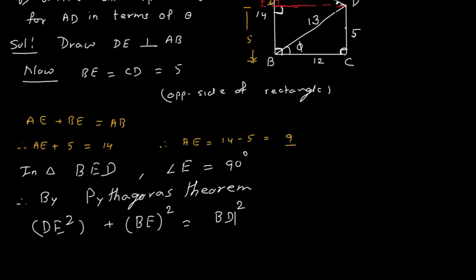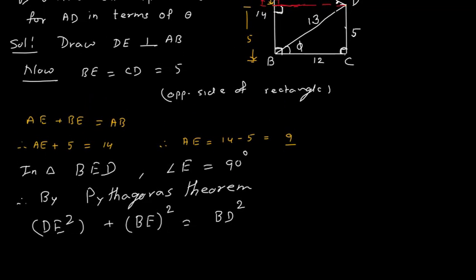Now the value of DE, let us say, is 12. So I will say this is 12 square plus BE, which is 5 square, equals BD square. BD square is 13 square.